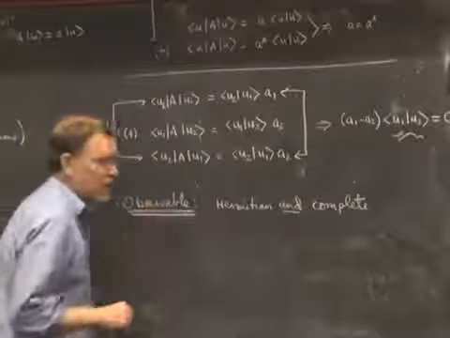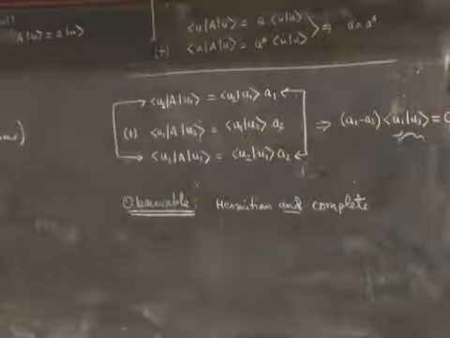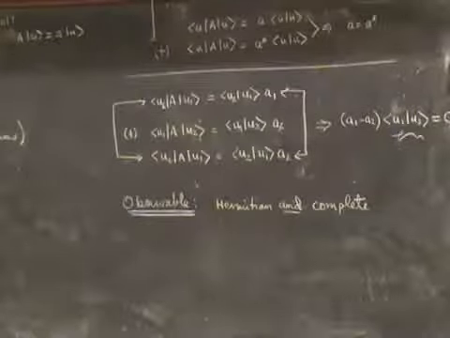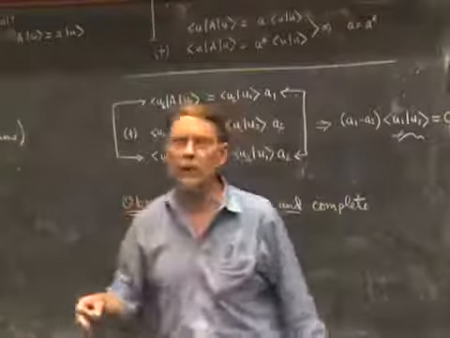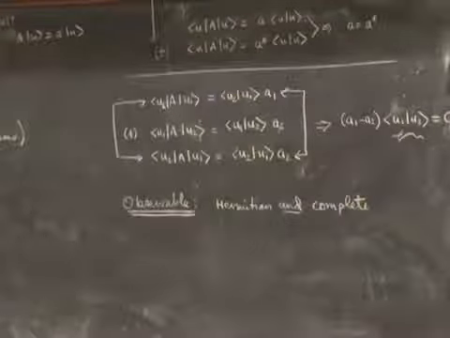Now, the reason this name is given has to do with the physical interpretation of quantum mechanics, in which one of the postulates is that if you make a measurement of a physical observable, the possible outcomes are the eigenvalues of the corresponding operators.